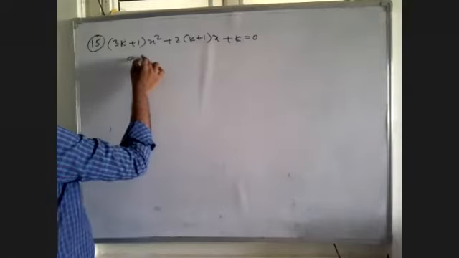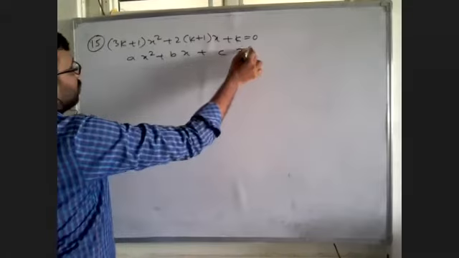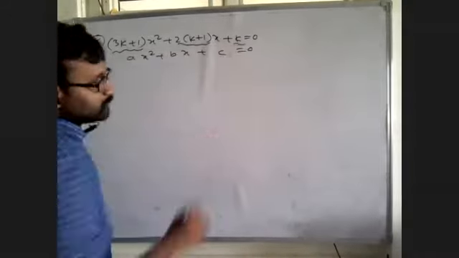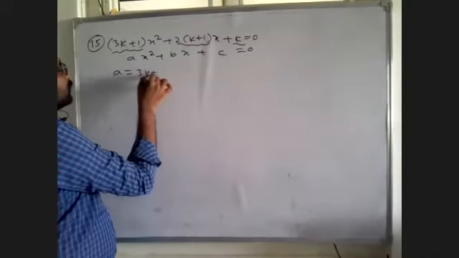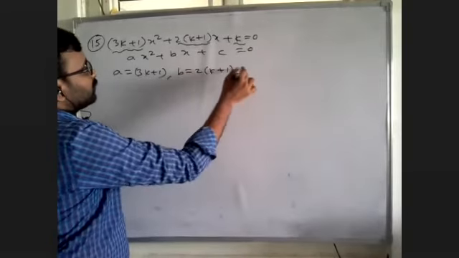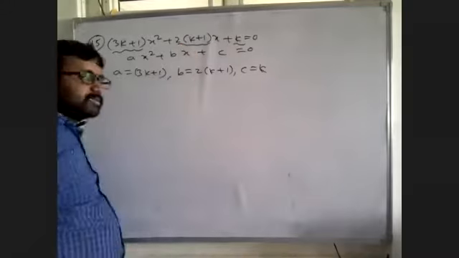It is in the form of ax square plus bx plus c equal to 0, where a is 3k plus 1, b is 2 into k plus 1, and c is k. This is a, this is b, this is c.